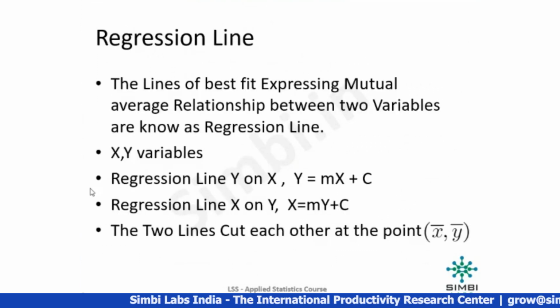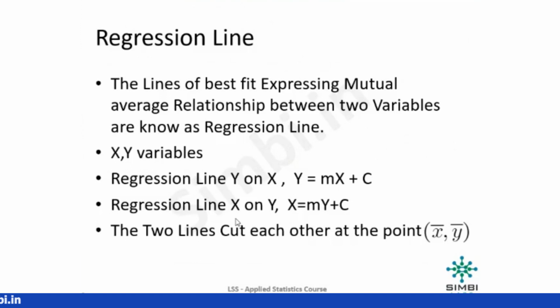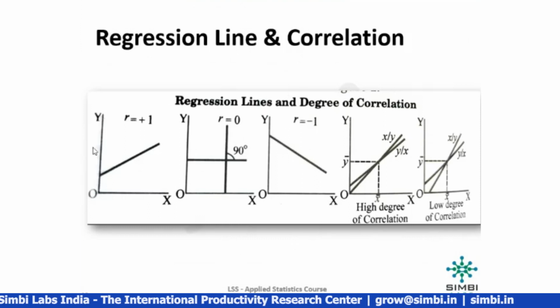The regression lines for the dependent and independent variables x comma y are: regression line of y on x, that is y equal to mx plus c, and regression line of x on y, that is x equal to my plus c. Here we can see the graphs. This is the x-axis, this is y, and y is the dependent variable, x is the independent variable.